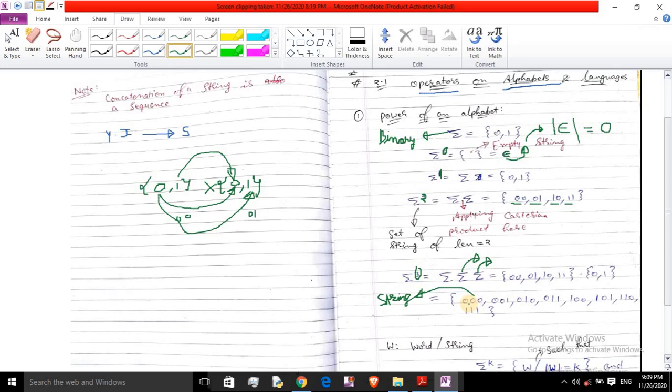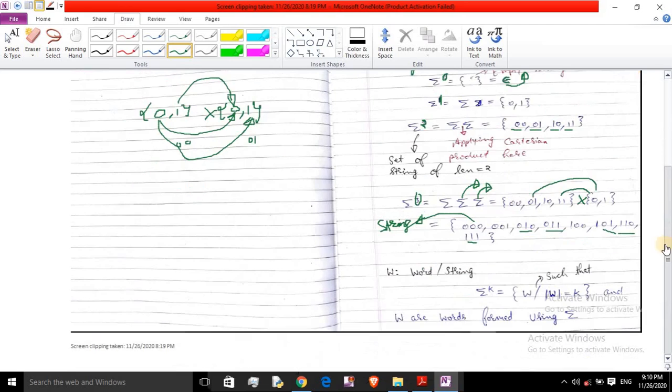So we get 000, 001, 010, 011, 100, 101, 110 and 111. So this is the power of an alphabet. This is the concept all about power of an alphabet.